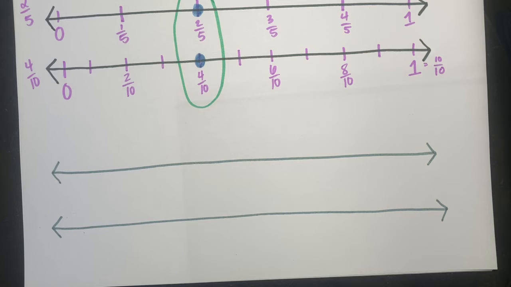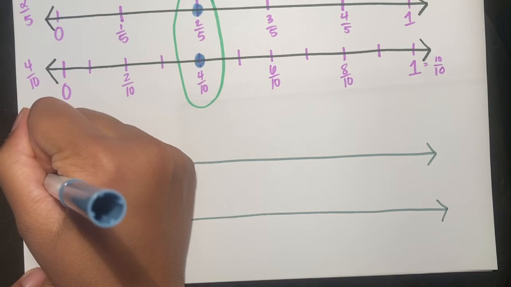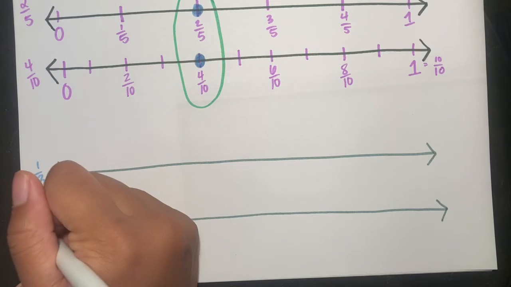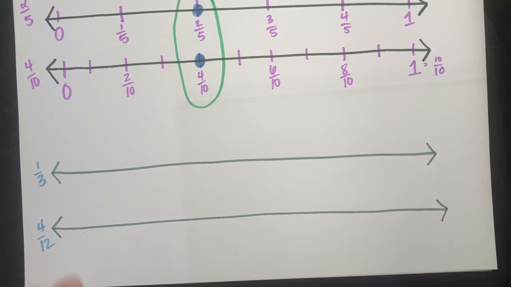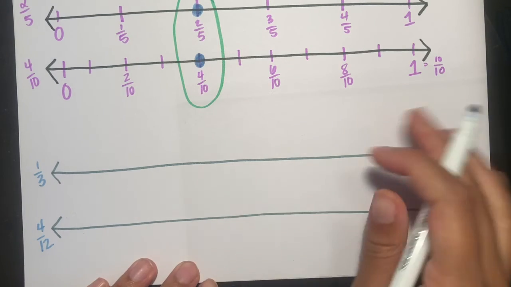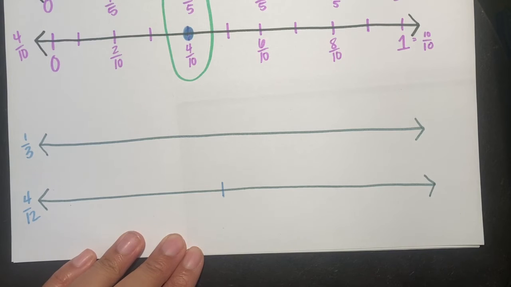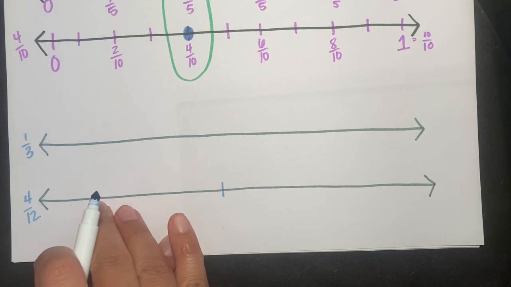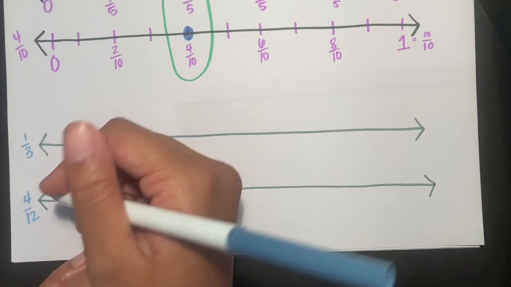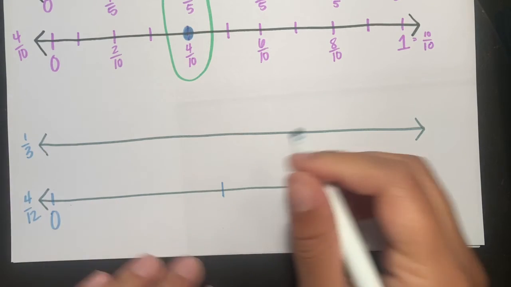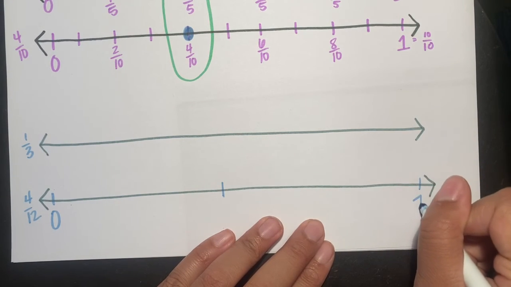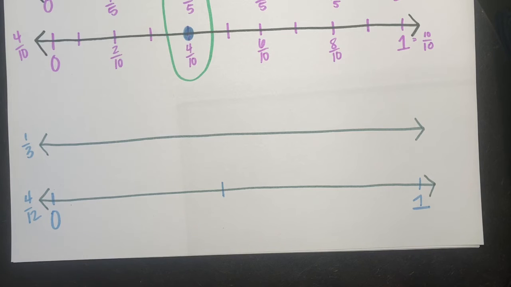This time, we will do 1/3 and 4/12. So again, 12 is the even number, so we're going to start there. I'm going to make my halfway point, which means I need 6 lines on this side and 6 on this side. My 0 is my first, my 1 will be my last.